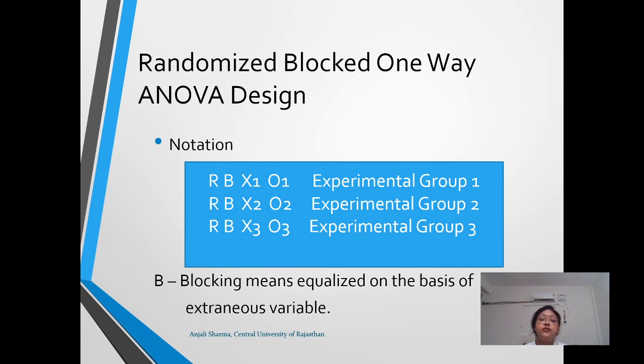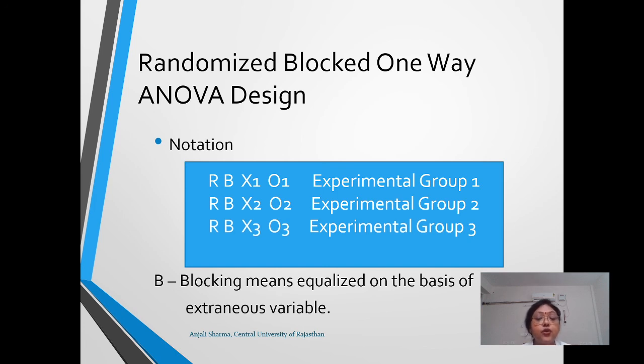All three levels will be included in every group. So we administer the extraneous variable test, and on the basis of that we categorize our complete sample, and then randomly assign from each category. If two groups are there, then two groups. Like if we take motivated and demotivated, motivation as an extraneous variable, then we can take that in both groups.